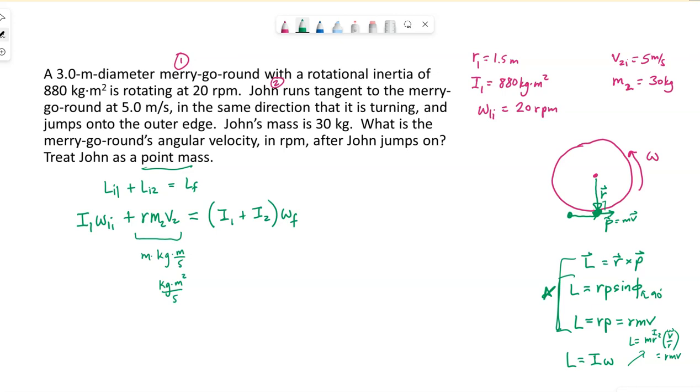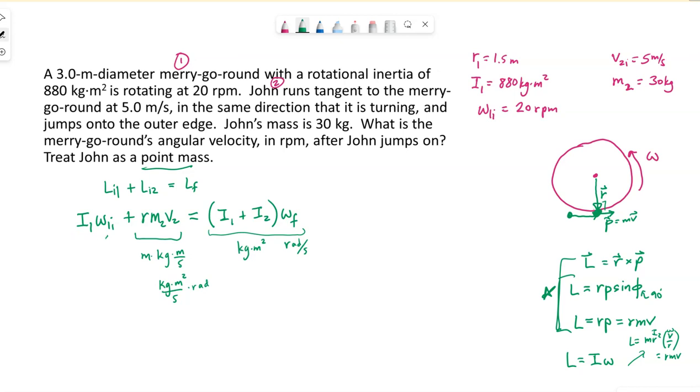The radians are implied within this, meaning both I1 omega 1 initial and this combination times omega final, the I's are in kilogram meters squared. Omega must be in radians per second in order to add these terms together, because we can only add terms that have like units.